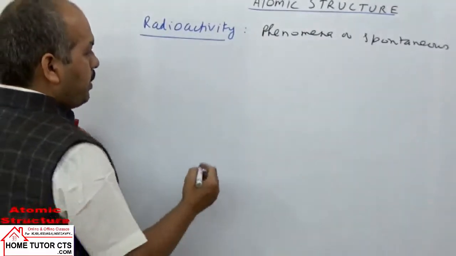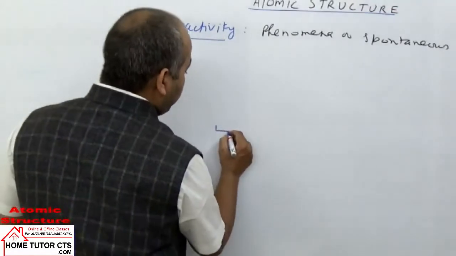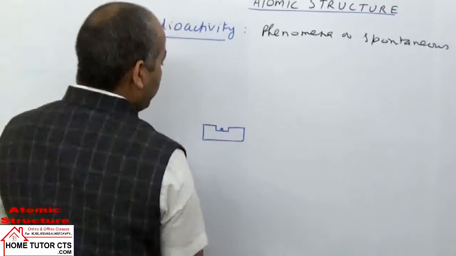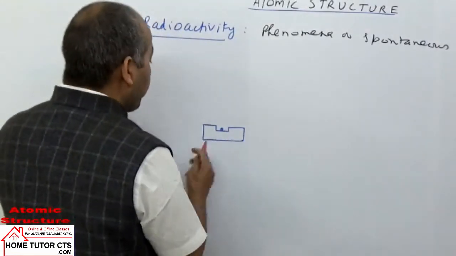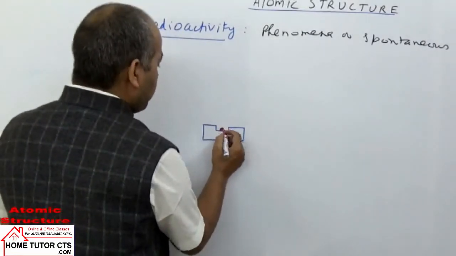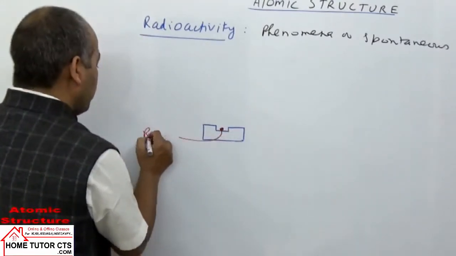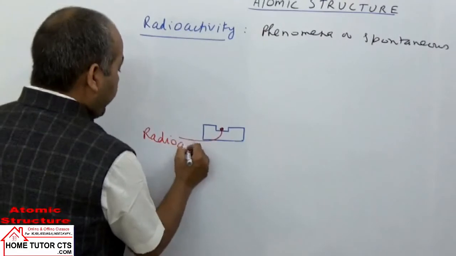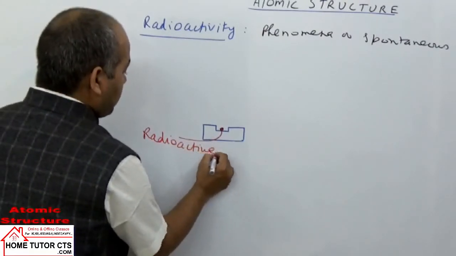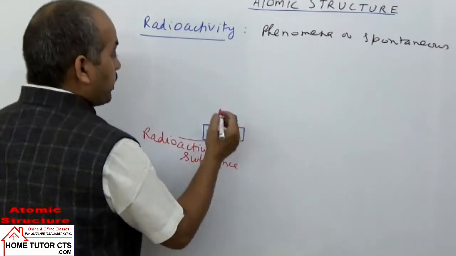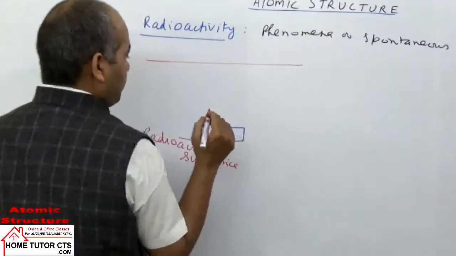This charge can be explained when we place a substance as a source, some radioactive substance. Suppose it can emit all three kinds of radiations.